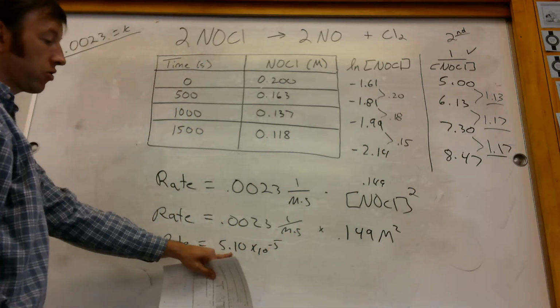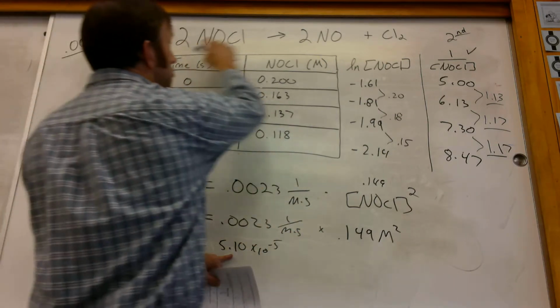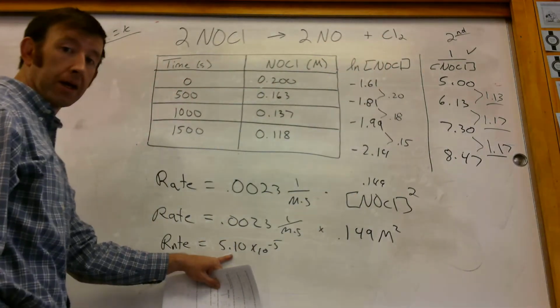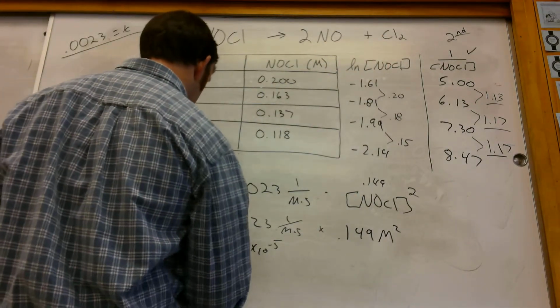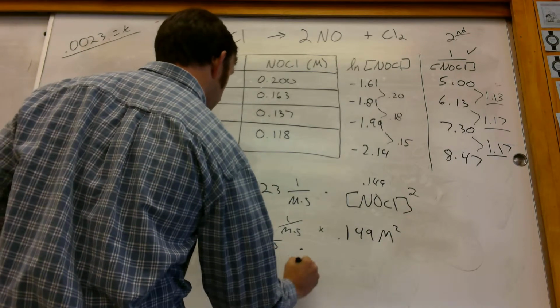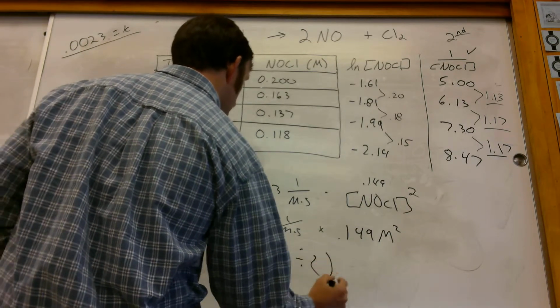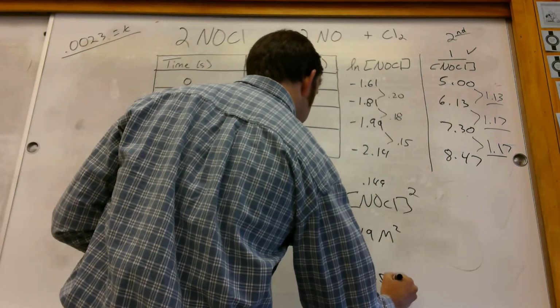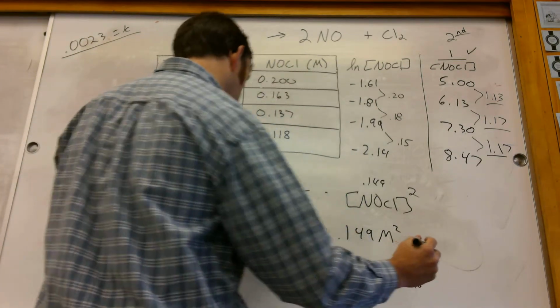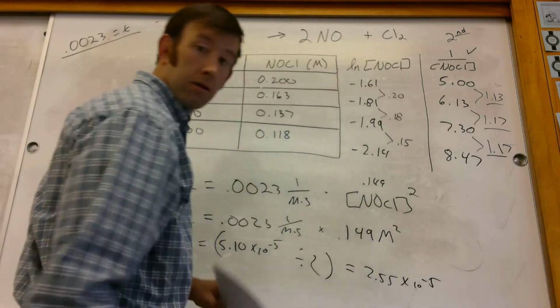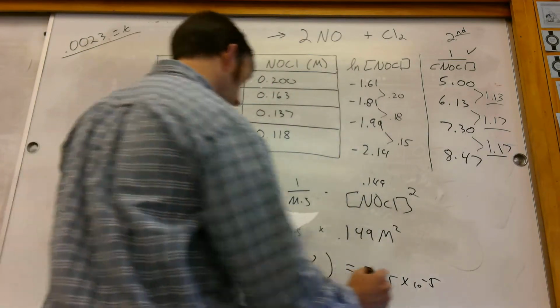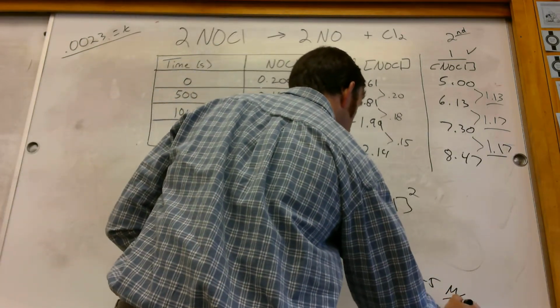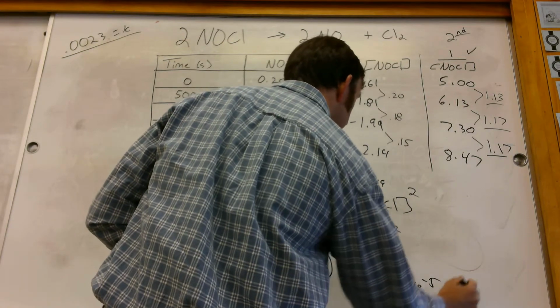And what am I going to do with that number? I'm just going to cut it in half. So take that, divide it by 2, and that is going to give me 2.55 times 10 to the negative fifth molarity per second, and that's for chlorine gas.